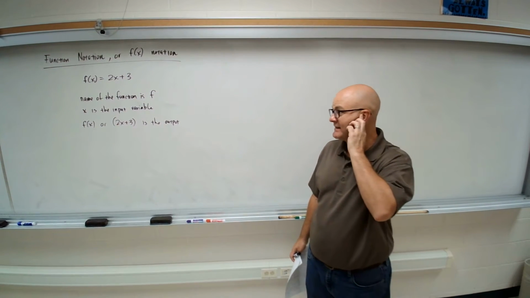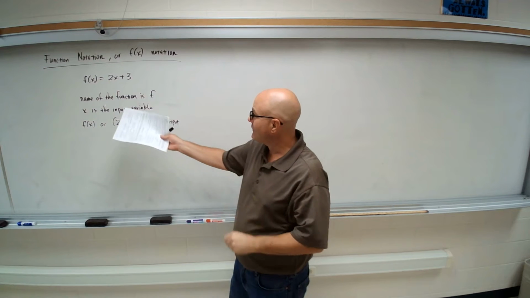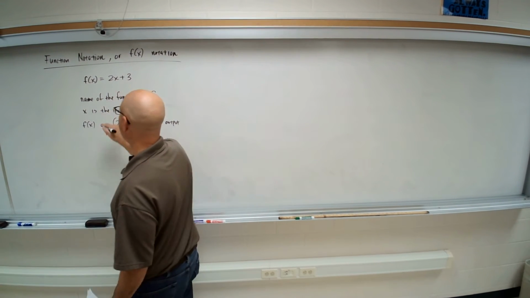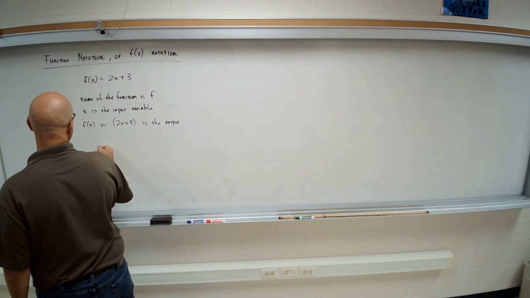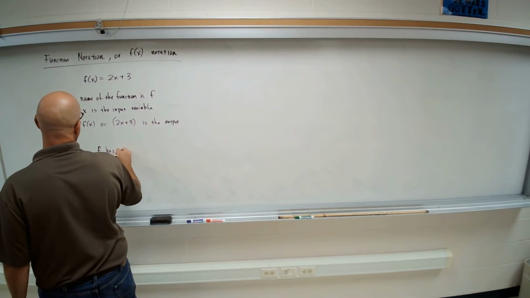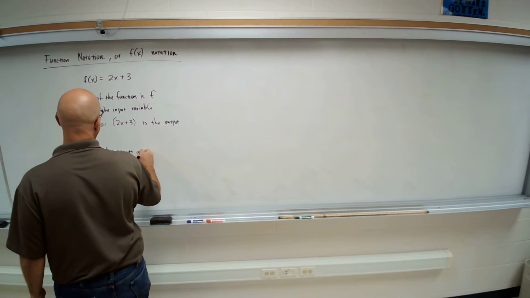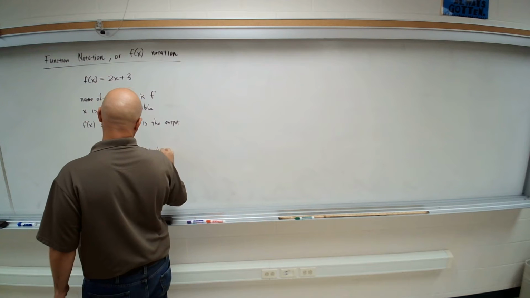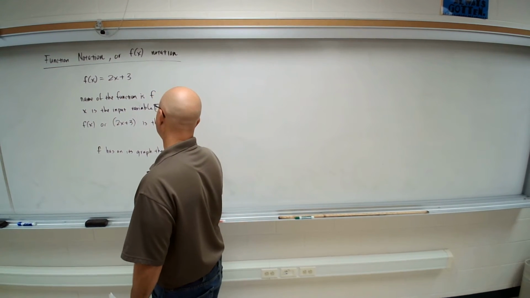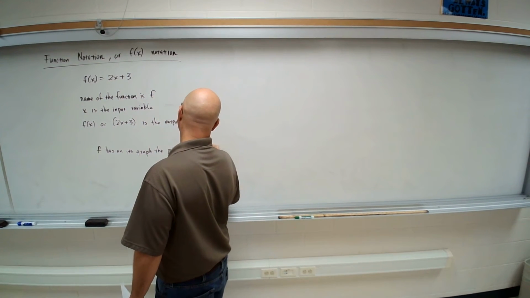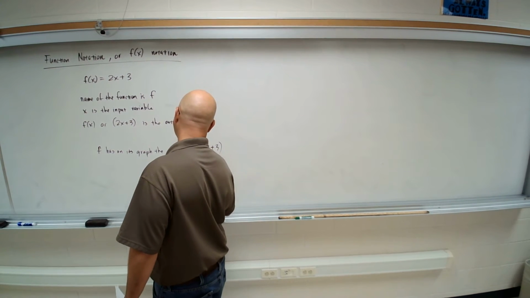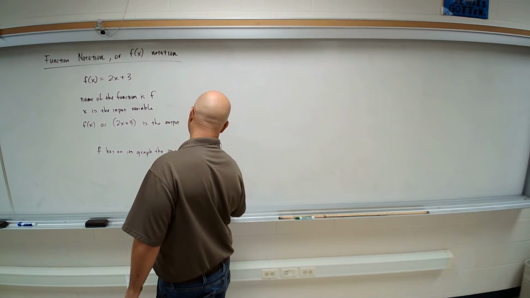So what this means is, whenever you see this, this also tells us that on this graph, that f has on its graph the point x, 2x plus 3, or you could write it as x, comma, f of x.